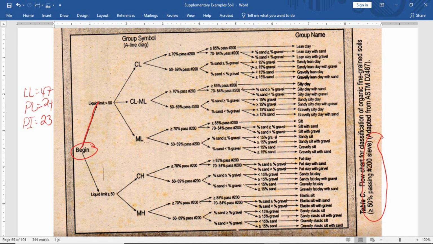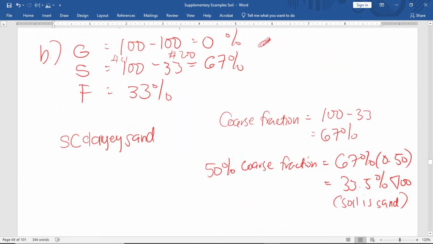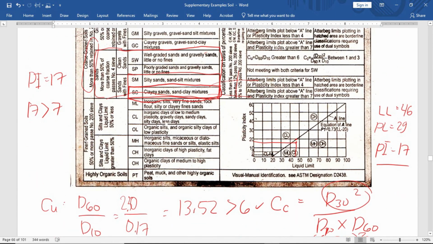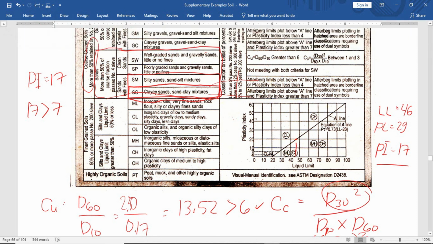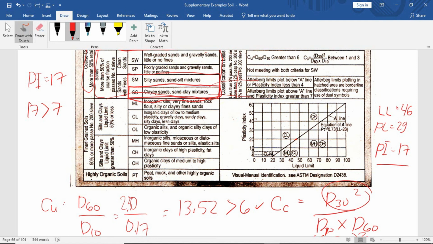Ngayon, pipili tayo kung CL, CL-ML, or ML. Paano natin malalaman yan? Ang gagawin natin is ipa-plot natin dito. Ang LL natin nga is 47, bali dito yan.